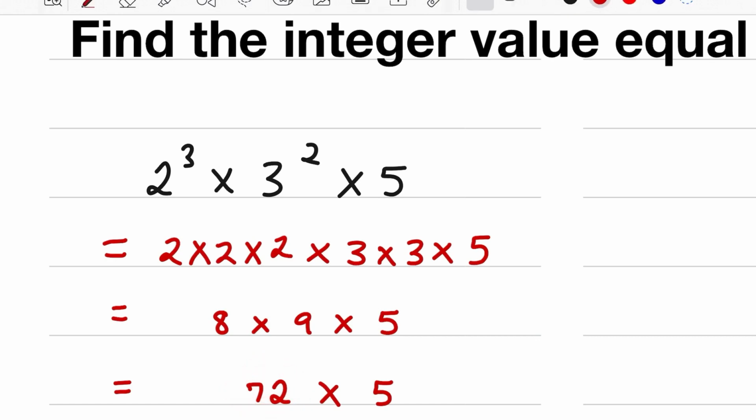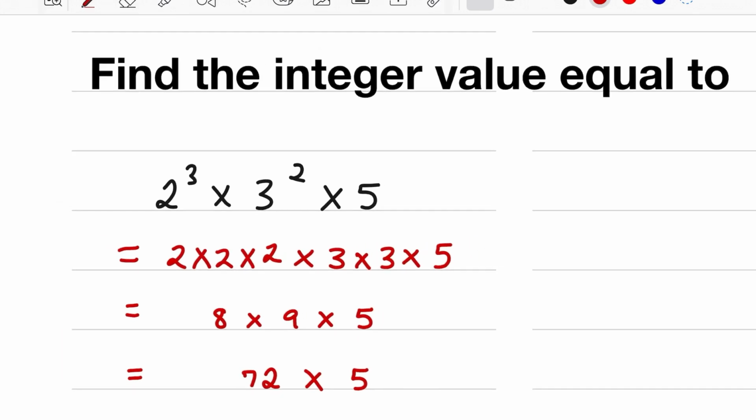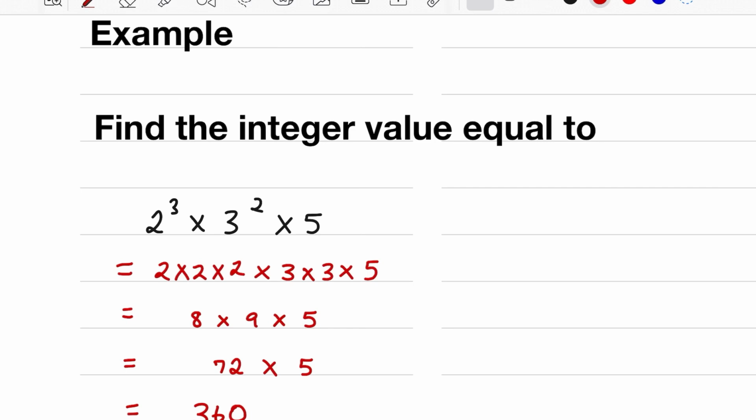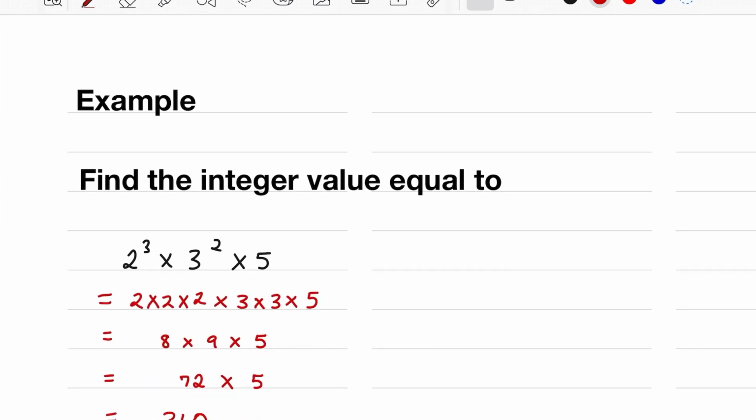So 72 divided by 2 is 36. Then you multiply it by 10, which we know is just adding a 0 or shifting your decimal point to the right. In this case, we add a 0. So 72 multiplied by 5 is 360. Of course, you can also use a calculator for this. So this was your example.